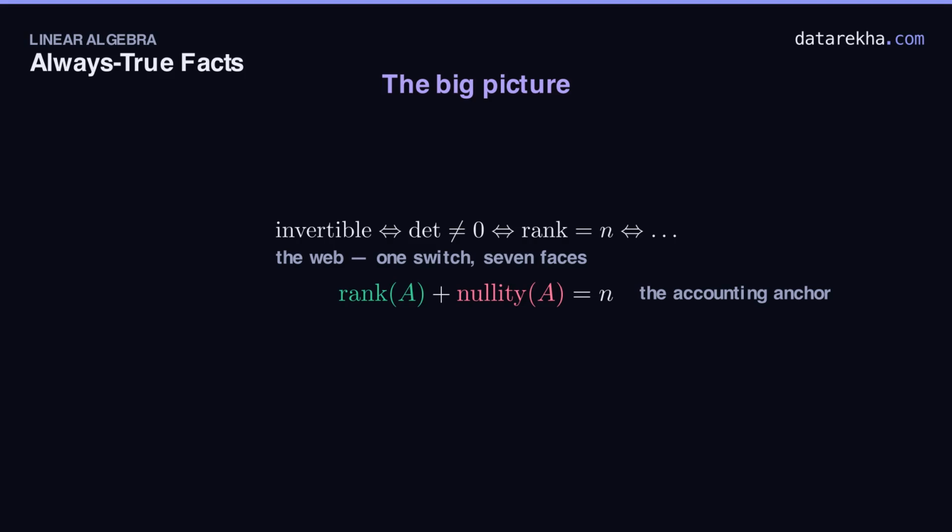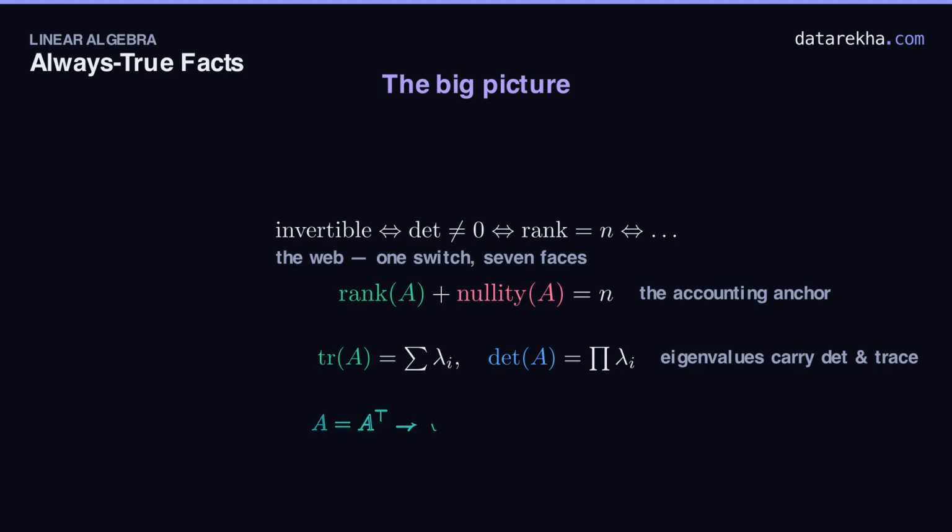Nothing ever goes missing. Third, the eigenvalues quietly carry the determinant and the trace. They multiply to one and add to the other. And fourth, symmetry buys you realness. A symmetric matrix always has real eigenvalues and is always diagonalizable. Hold the web and these anchors together, and no always-true question can surprise you again.